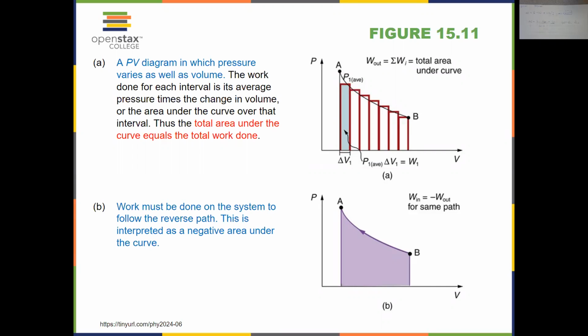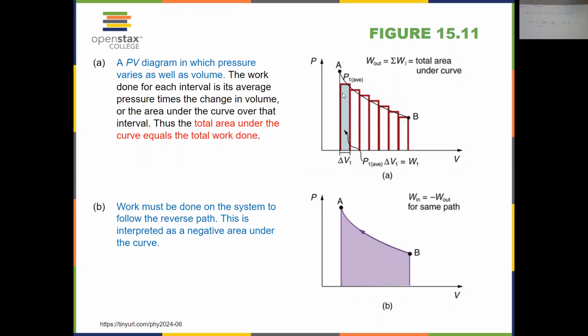It's actually dividing into small pieces, okay? Delta V is set to be very small, approaching 0. Then you can see in each rectangular area here, the pressure is not changing, right? So in each of these small rectangular shapes, the pressure is constant.